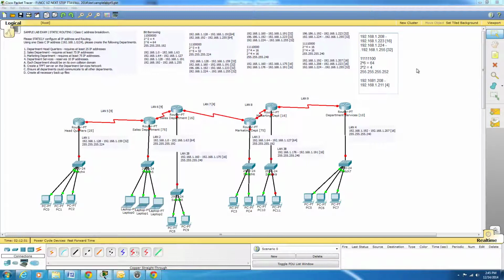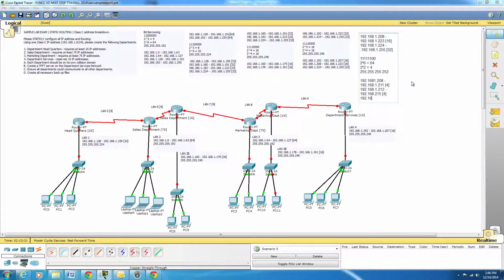Okay, so 192.168.1.212 is going to be our starting IP address for the second block, and that is going to go all the way up to 192.168.1.215, and that is a second block of 4.